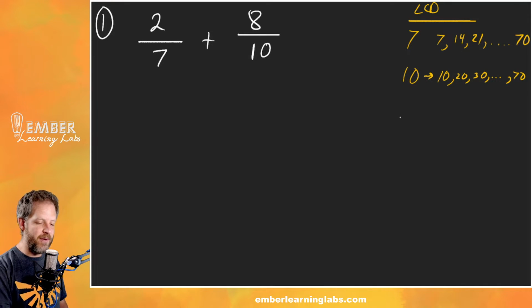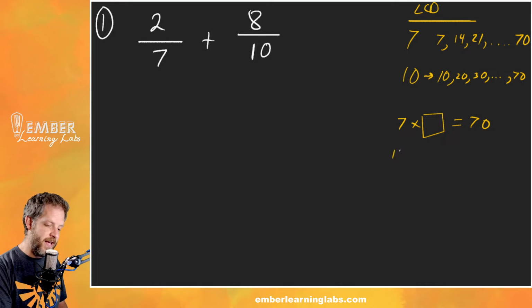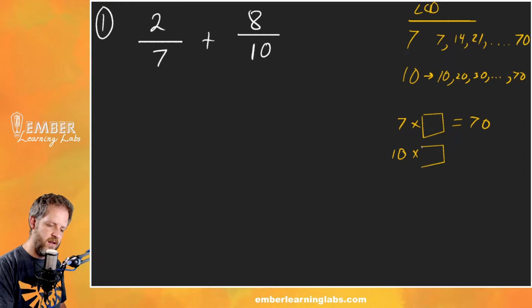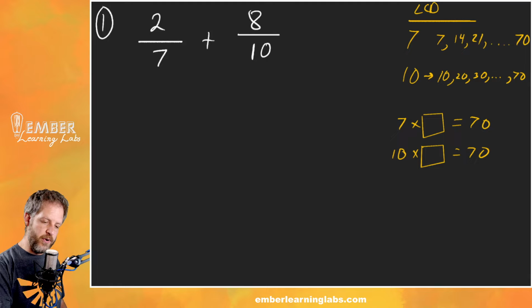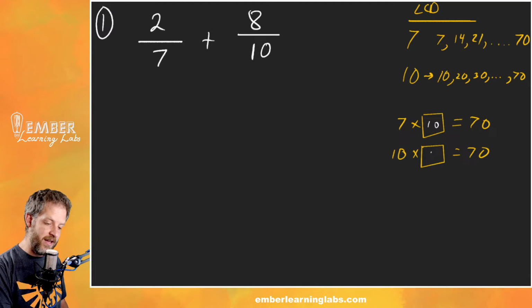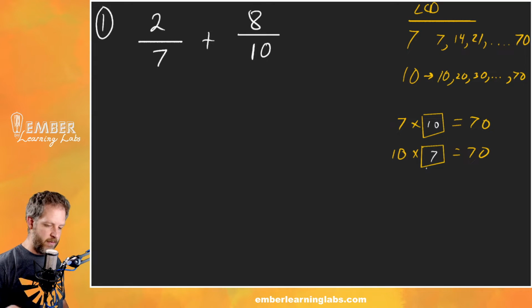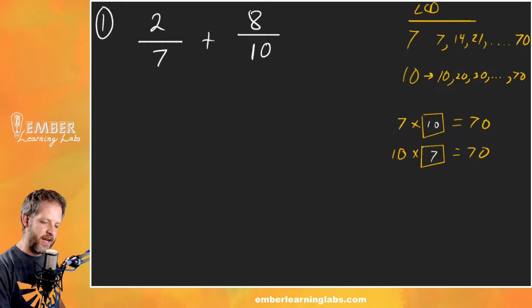And so we've got to remember, what is 7 times what equals 70? And we've got to figure out 10 times what equals 70, right? So we're going to put a 10 in the box here because 7 times 10 is 70, and the other way around there. So now that we've found what we're multiplying by, remember what we did next.